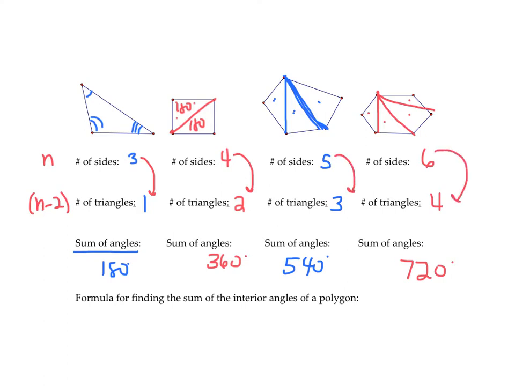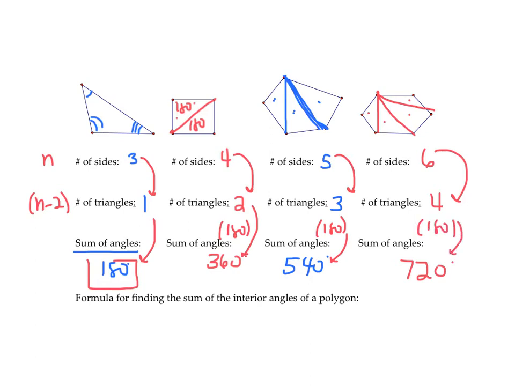Okay? And then if we take that n minus 2 and we multiply it by 180, 1 times 180 is 180. 2 times 180 gives us 360. 3 times 180 gives us 540. And 4 times 180 gives us 720.